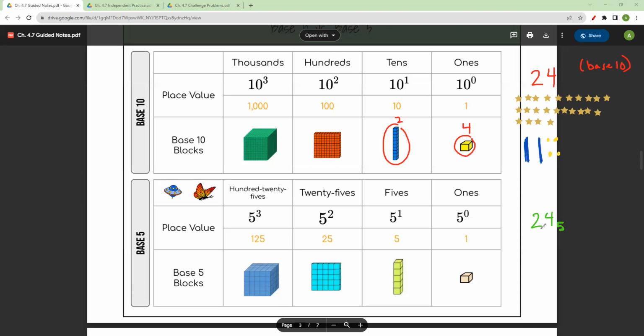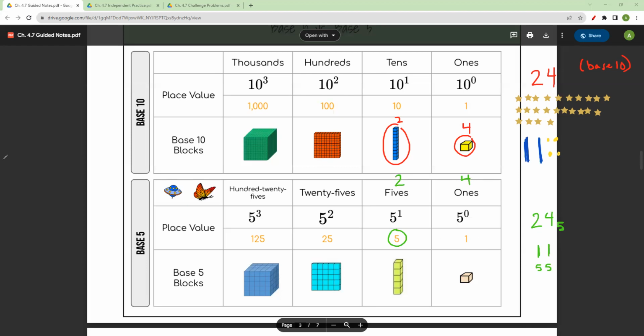But if we look at the place value, we're going to put that number into the place value chart, but it's just going to mean something different. So 24 means 2 5s. So 2 5 sticks, that would be 5 and 5.